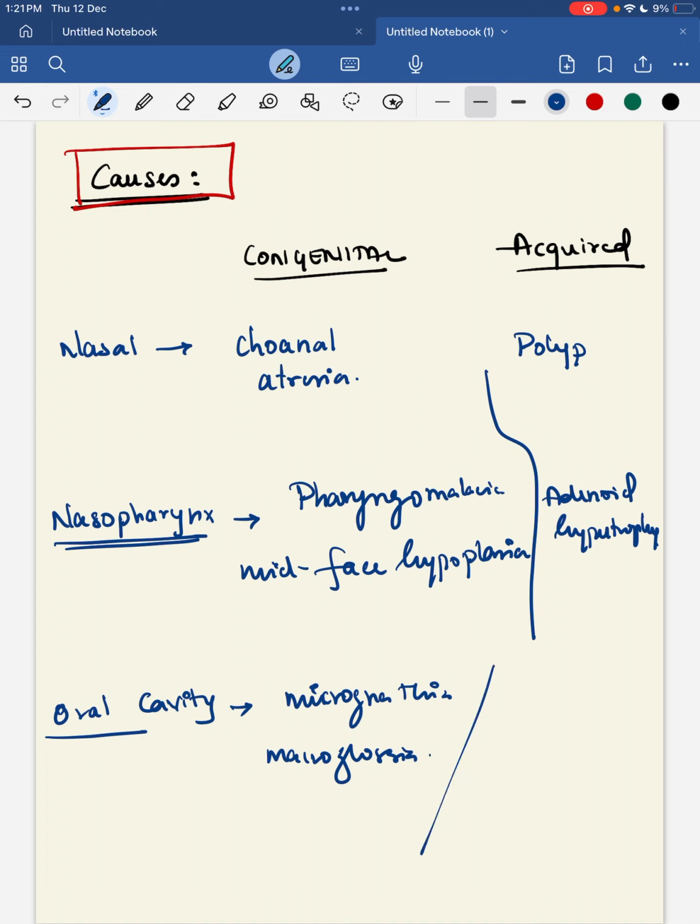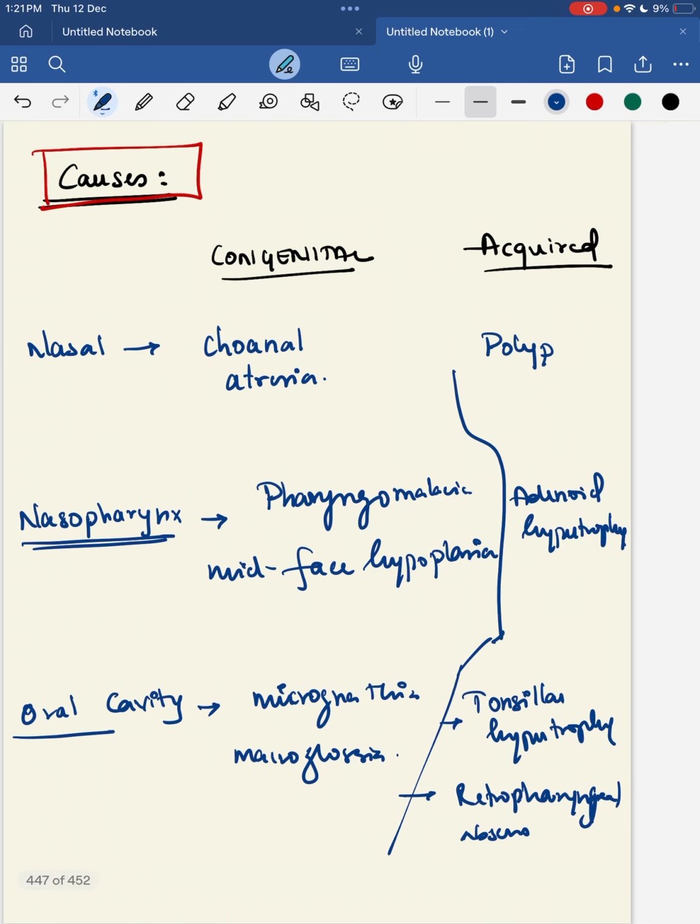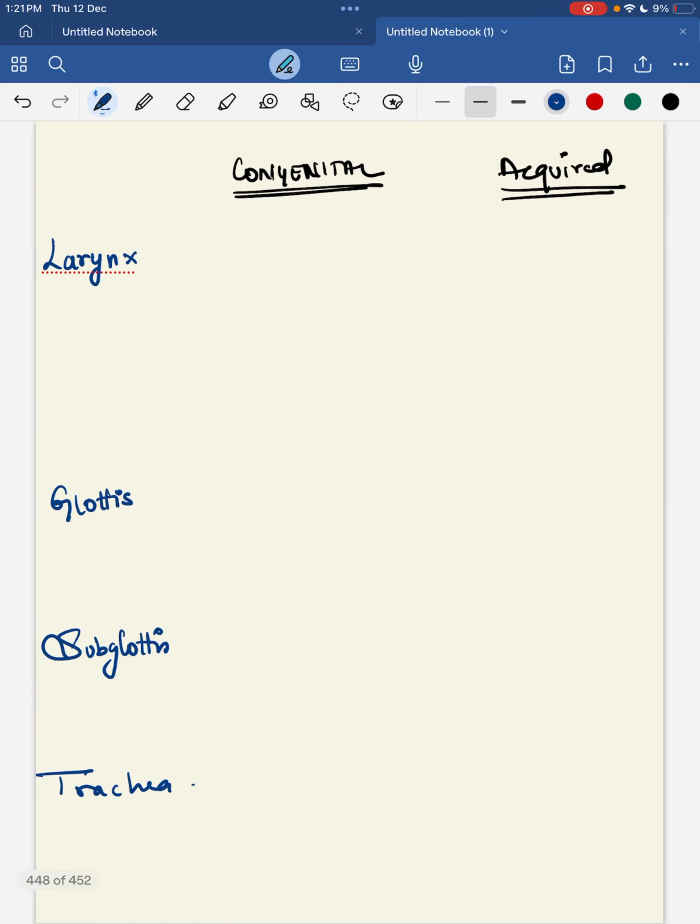Going on to the larynx, the congenital causes can be laryngomalacia and lingual thyroid. Laryngomalacia is the most common cause of stridor in a chronic setting. So this is the most common.